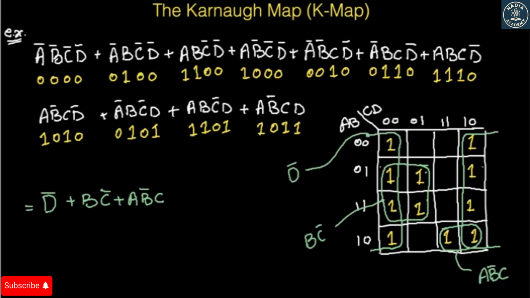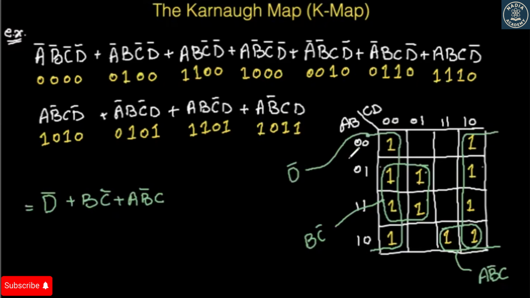And the rule is very simple: we are going to have our group with neighbor ones and then try to have the biggest group. But one group can have the number of cells, or you can say number of ones, 1, 2, 4, 8, 16, meaning that it must follow the 2 power n rule for number of ones in one group.